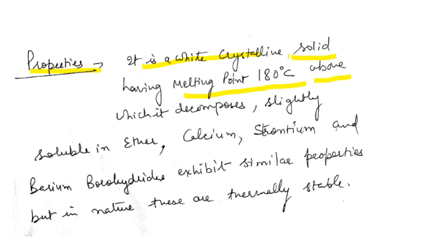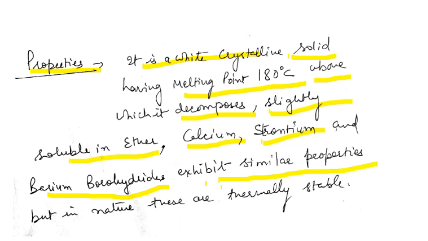Above this temperature, it decomposes. It's slightly soluble in solvents like ether. Calcium, strontium, and barium borohydrides exhibit very similar properties, but in nature these are thermally stable.